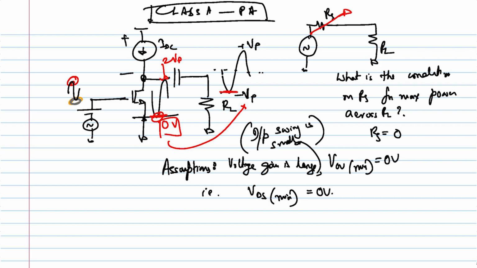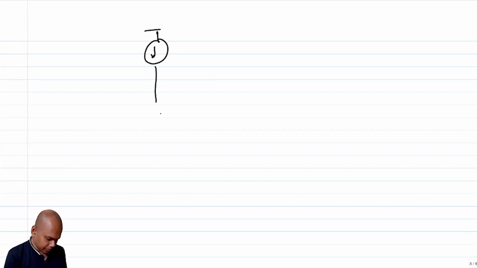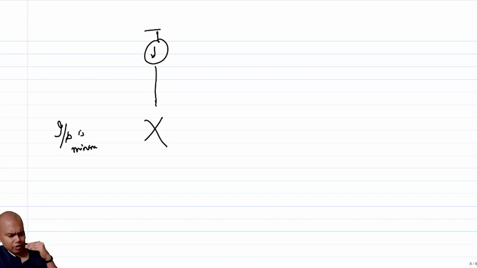When the input hits the minima, then your transistor is turned off, right? Assume that you have biased it just above threshold, and as the input swings slightly below threshold, the transistor turns off. That's the minima, right?